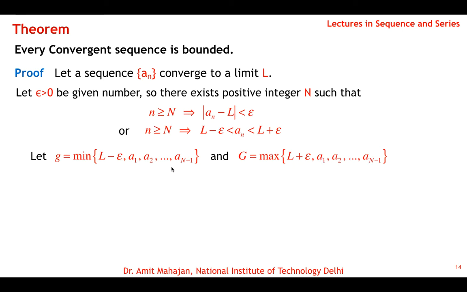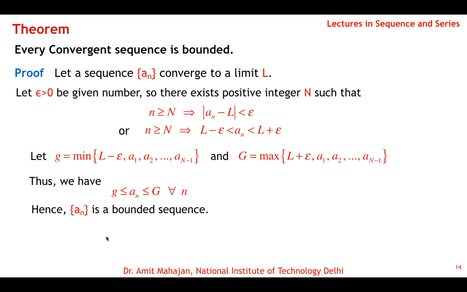So for all n we have that g is less than or equal to a_n is less than or equal to capital G. So all the elements of the sequence lie between g and capital G, which proves that the sequence is bounded.